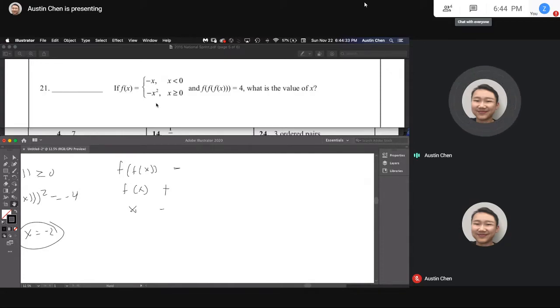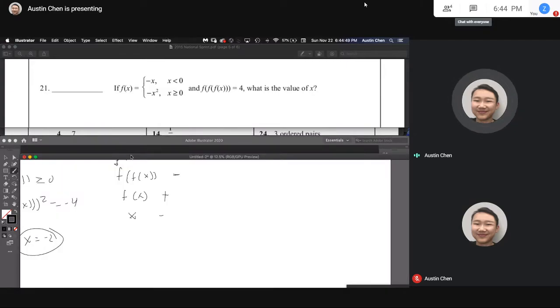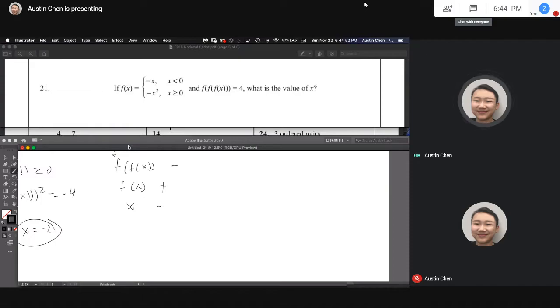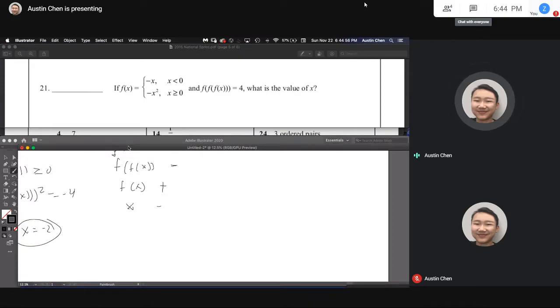One thing you can also notice is that whenever you change a positive into a negative, you have a square on it, and otherwise the magnitude is unchanged. So if you look at our thing here, f of x will be positive because it is equal to 4.